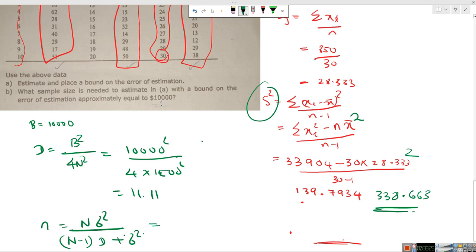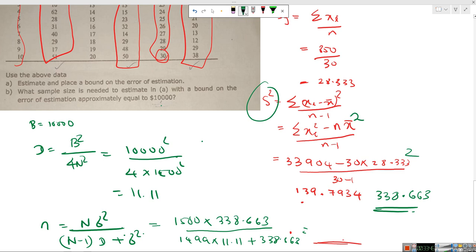So this becomes 1500 into 338.663 divided by 1499 into 11.1111 plus 338.663.